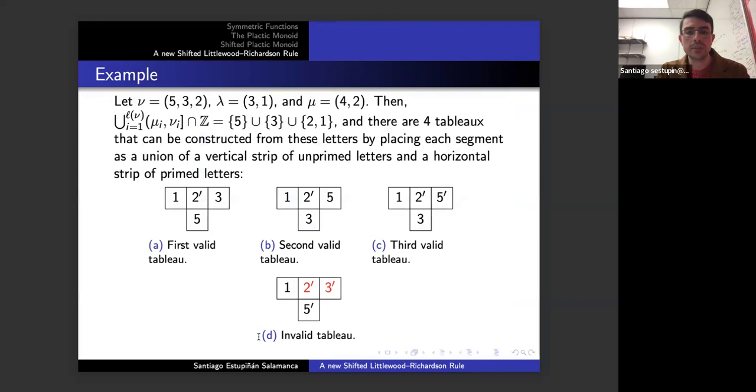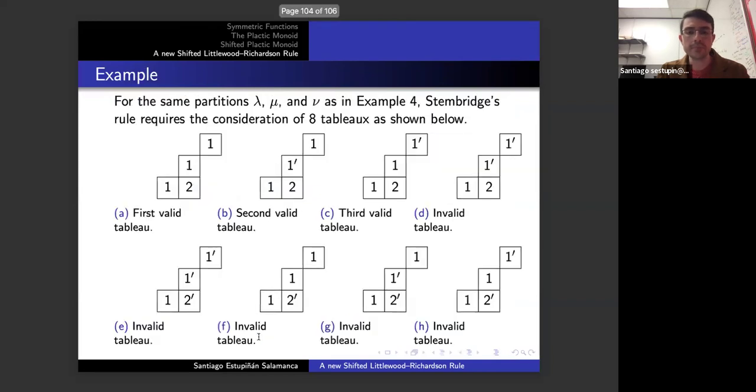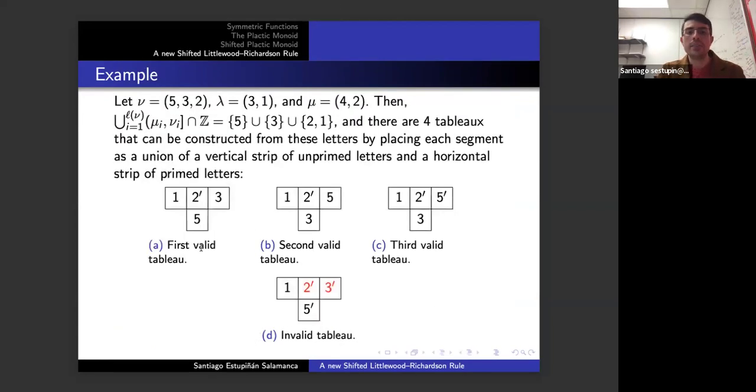But to give an example, if I take these partitions lambda, mu, and nu, then the tableaux in A, B, and C are valid constructions, basically because I place first the 1.